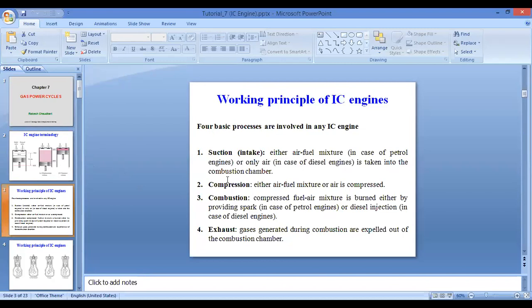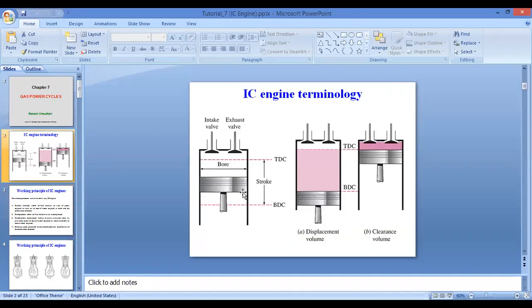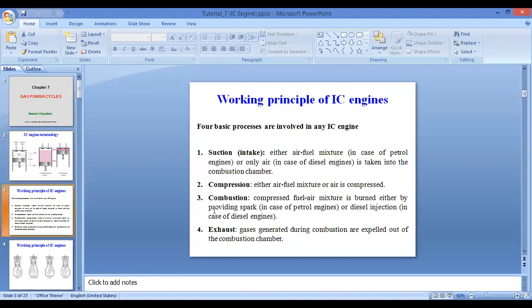That's why the second process is compression. The compression will happen when the piston moves from bottom dead center to top dead center, compressing the air and fuel mixture.